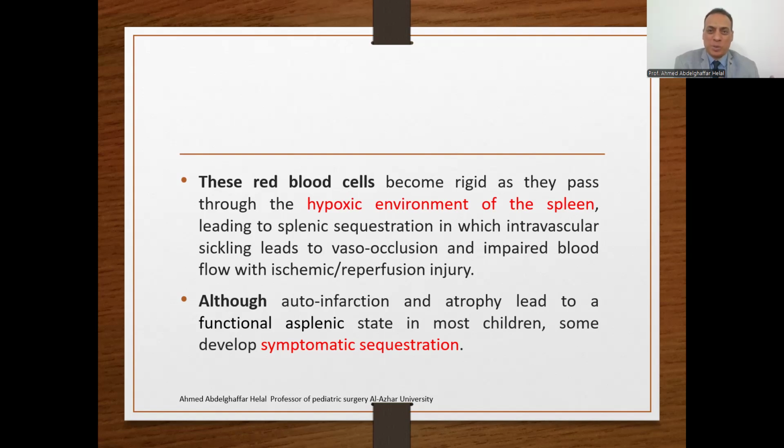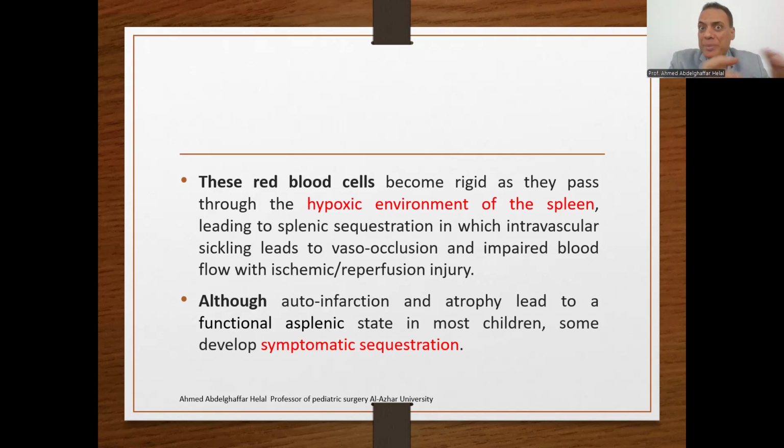So when this child is exposed to hypoxia, there is sickling of the RBCs, and these rigid RBCs will be trapped, leading to vascular occlusions and intravascular sickling, with impaired blood flow to the spleen and maybe other organs. So sickling means that when this child is exposed to certain factors, these RBCs will get sickled, impacted inside the blood vessels, leading to vaso-occlusion and impaired blood flow.